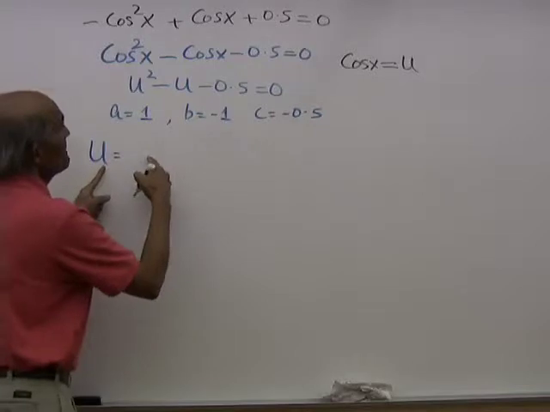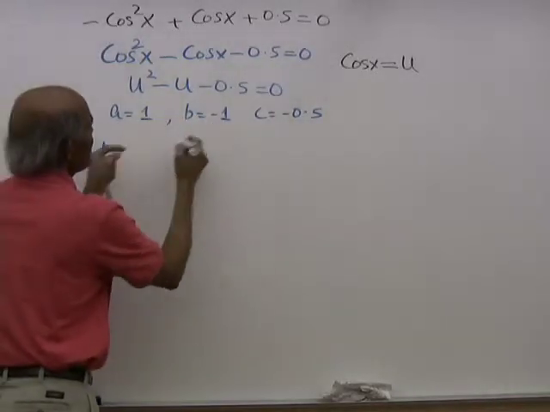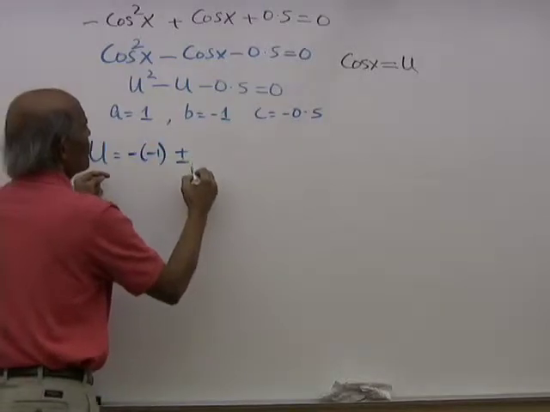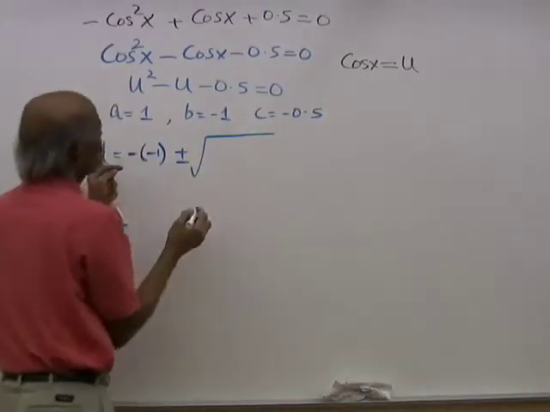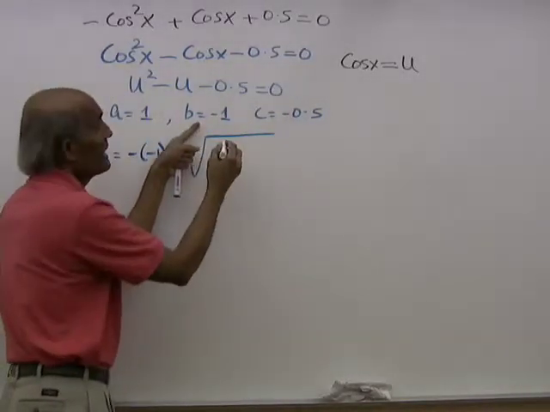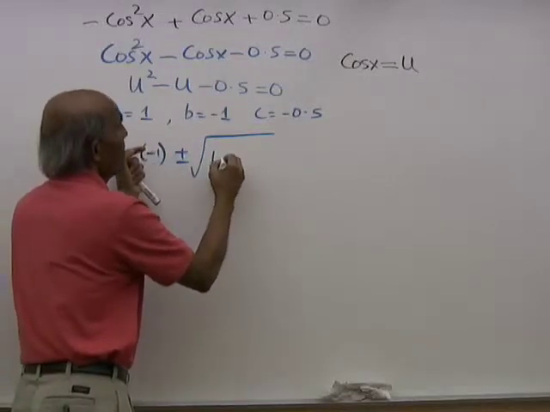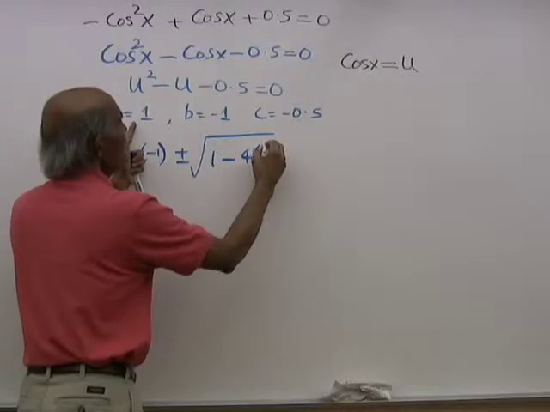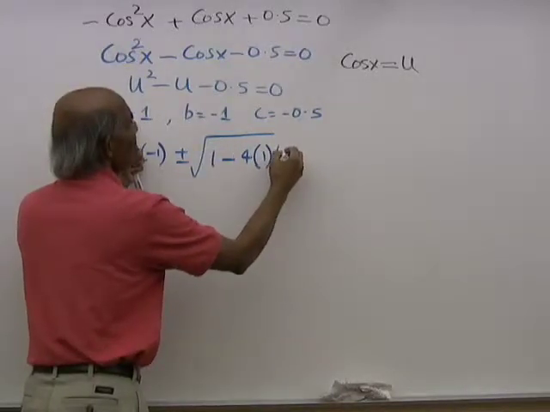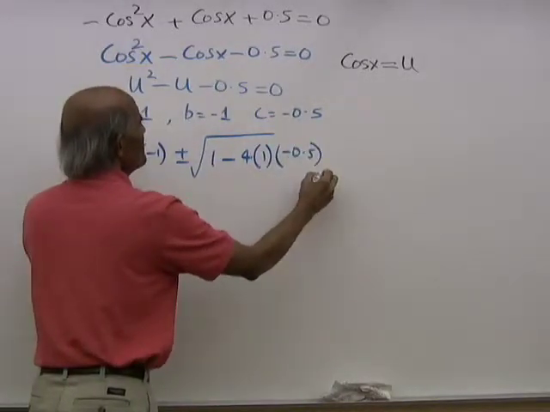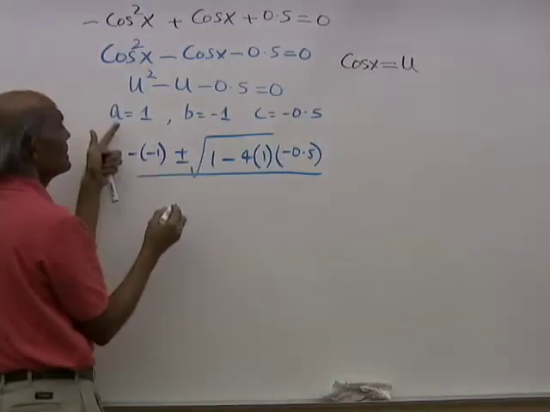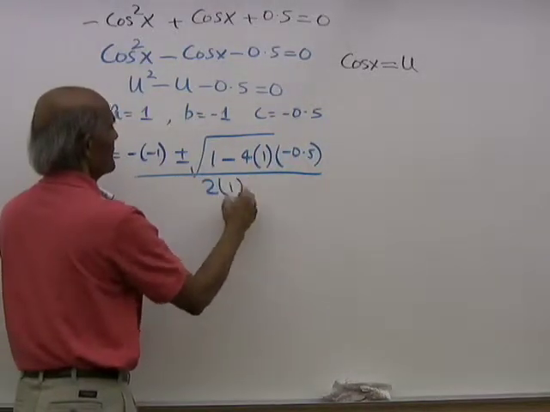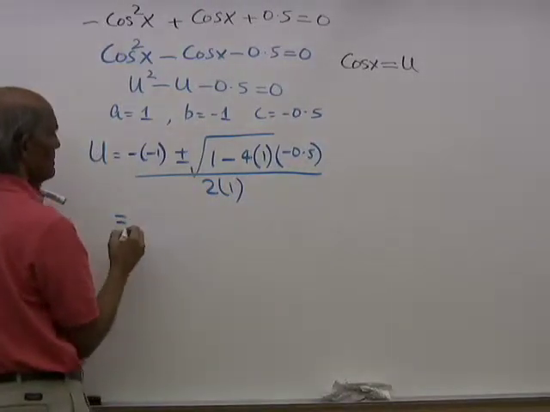So that will be negative b, that will be negative of negative 1 plus or minus square root of b squared, which is 1, minus 4 times a, which is 1, times c, which is negative 0.5, all over 2a, 2 times 1. And what does that give you?